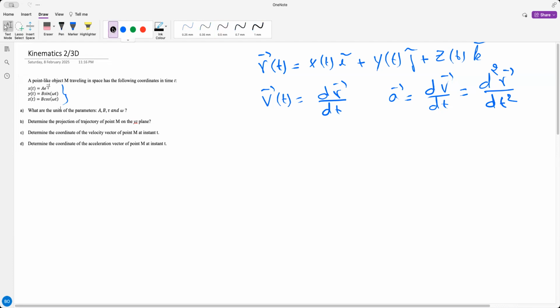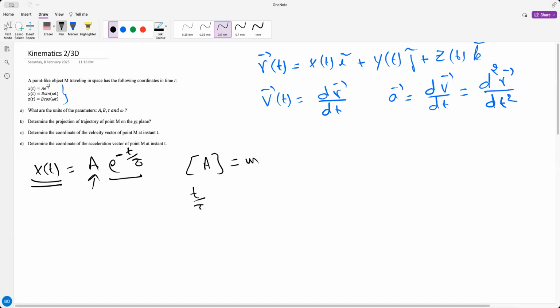Now, it's clear that if x(t) is equal to a exponential minus t over tau, then a must be in meters, because the exponential has no unit, and x is a position coordinate, so it has to be meters. So the unit of a is meters. We also know that t over tau should be dimensionless, which means that the dimension of tau must be seconds.